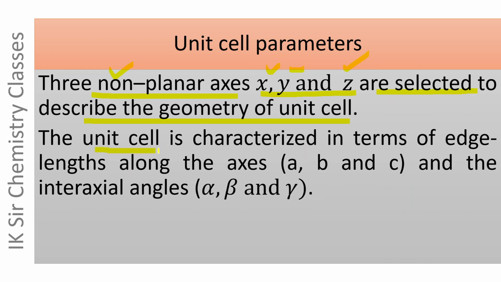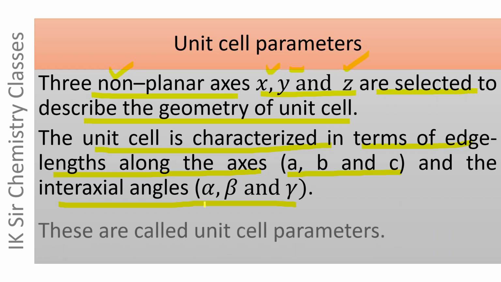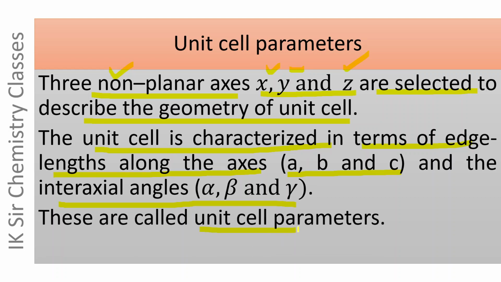The unit cell is characterized in terms of edge lengths along the axes, that is a, b, and c, and the interaxial angles alpha, beta, and gamma. These are called unit cell parameters.